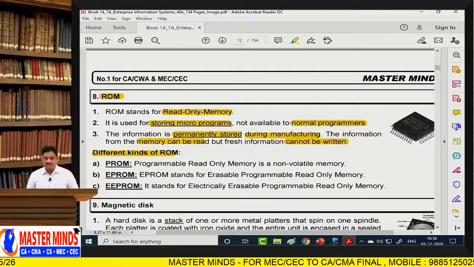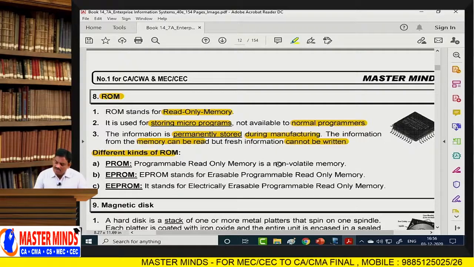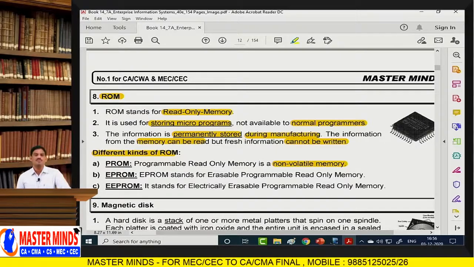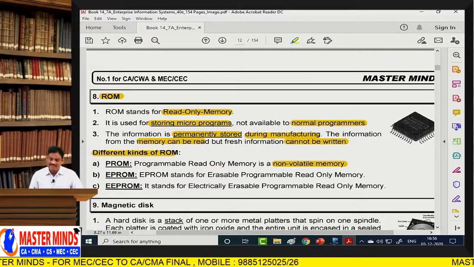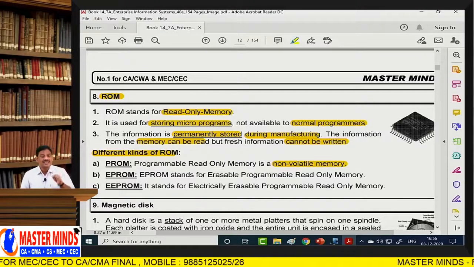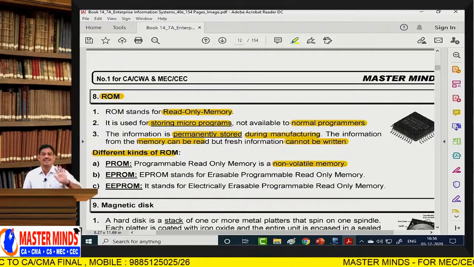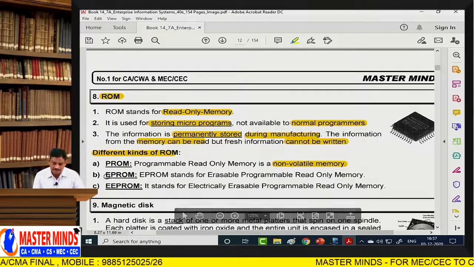Programmable read-only memory is a non-volatile memory. Every ROM is a non-volatile memory. By using a PROM writer, the motherboard manufacturer writes a program. EPROM, erasable programmable read-only memory: by using ultraviolet light or rays, you can erase the contents of the EPROM.